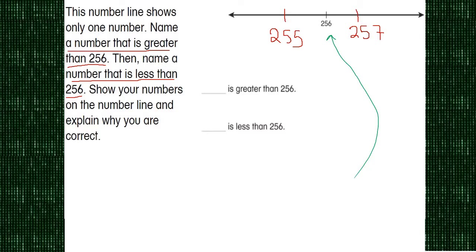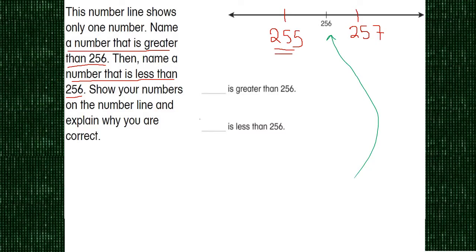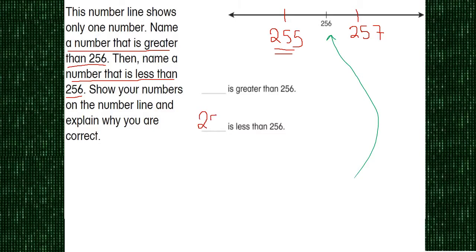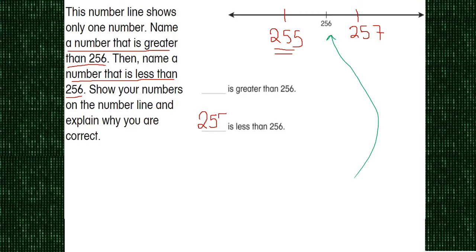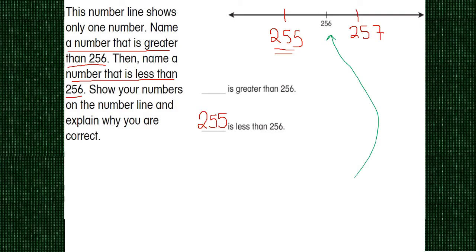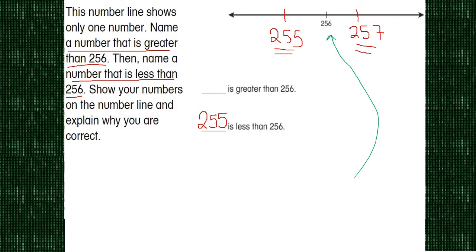Well, why do I say that 255 is less than 256? Because it comes before it on the number line. That's it. And why do I say that 257 is greater than 256?